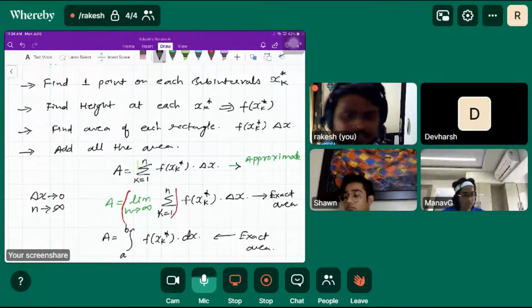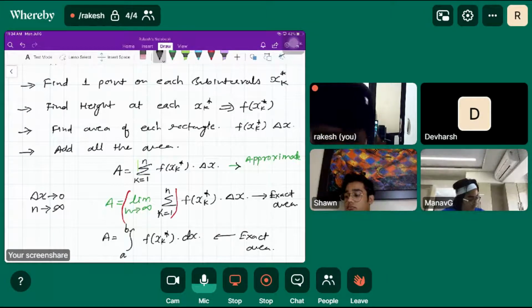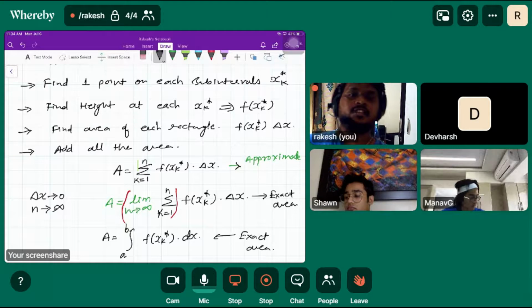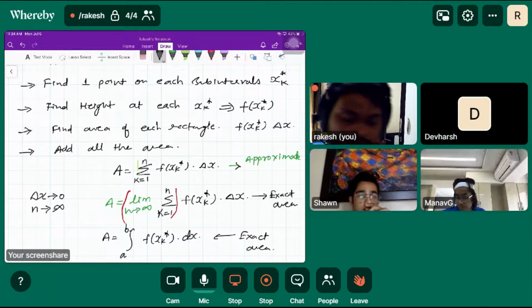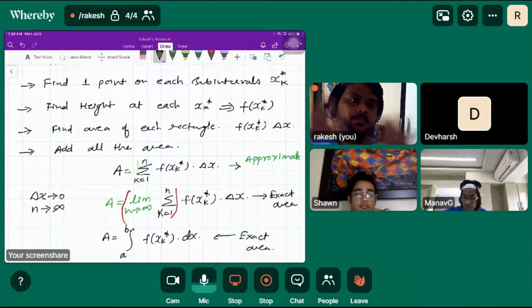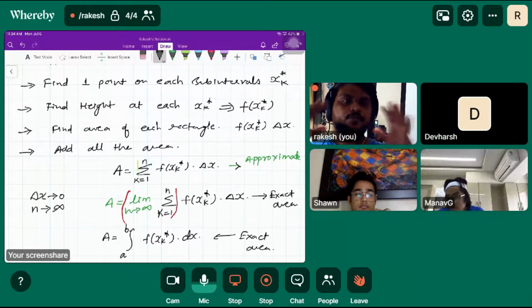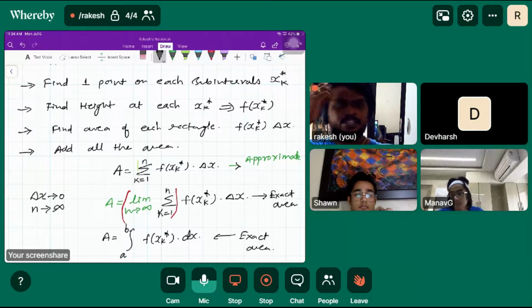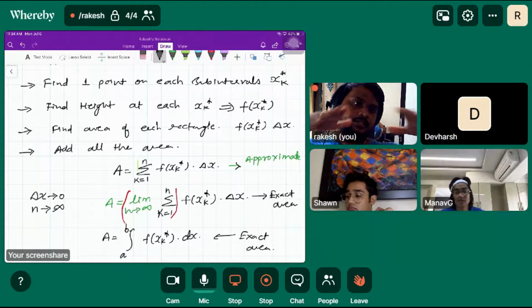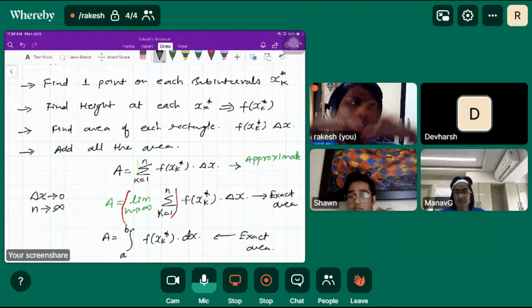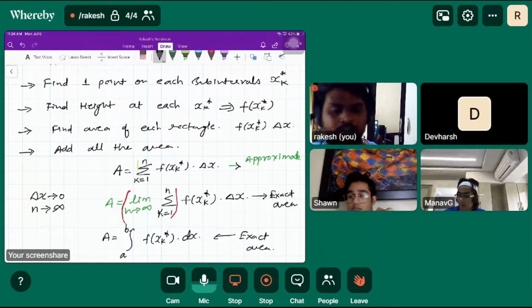Now let's understand this in terms of calculus 3. Basically, we have been discussing multivariable functions, isn't it? A multivariable function will always give you a surface.